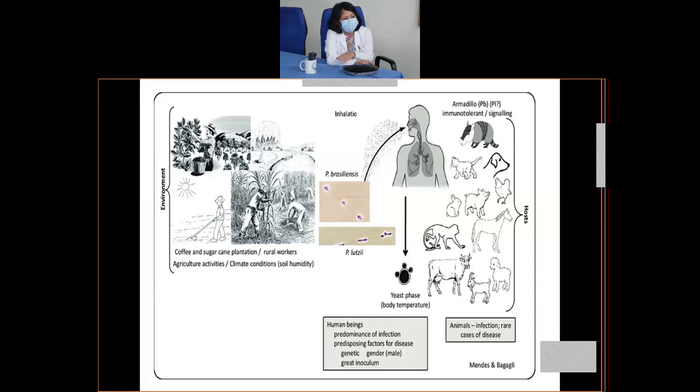So in human beings, okay, there's predominance of infection and predisposing factors. For example, it's more common in males, and the infection will depend upon the inoculum, how much of the arthroconidia is being inhaled. It will depend upon individual to individual.